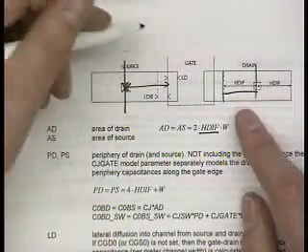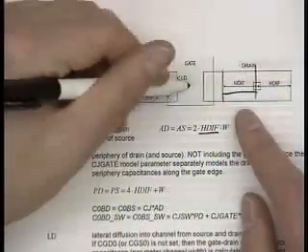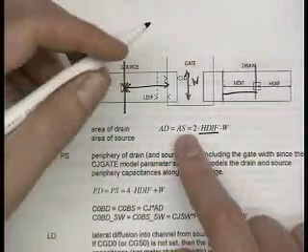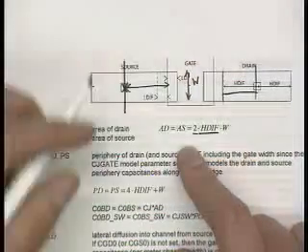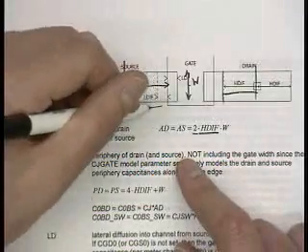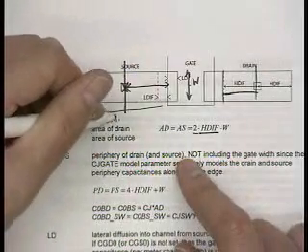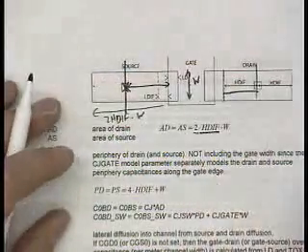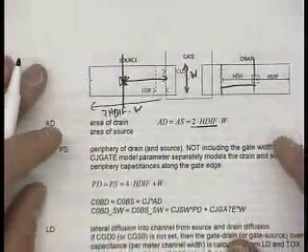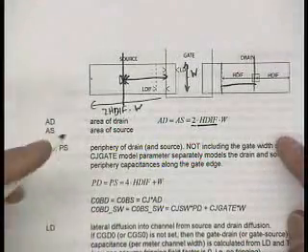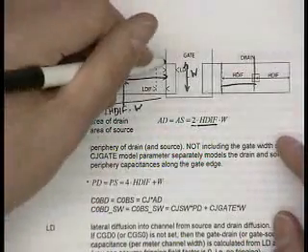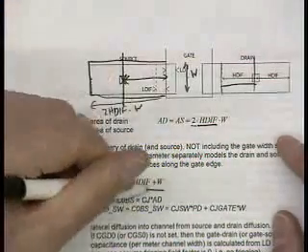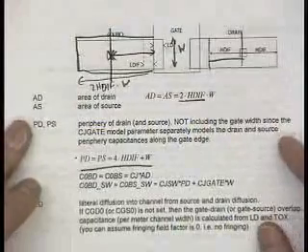And you can see this is a source, this is a drain, this is the gate, this is W. So the area source, area drain is equal to 2 times HDIF plus W, because this distance is 2 HDIF, times W. So that's the area of the drain. The perimeter of source and perimeter of drain is 2 HDIF plus W plus 2 HDIF, so it's 4 HDIF plus W. Okay.